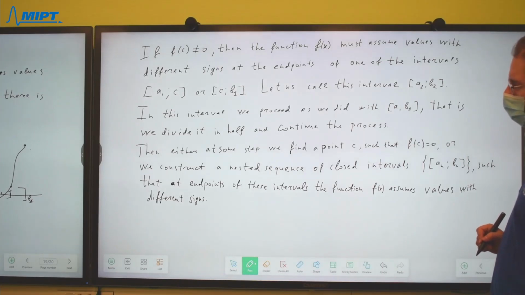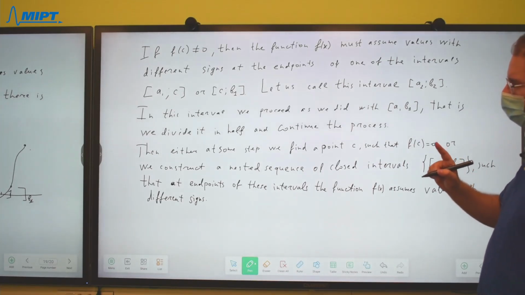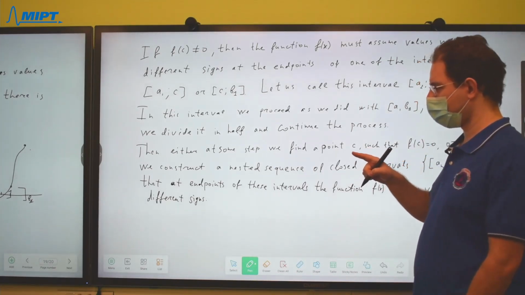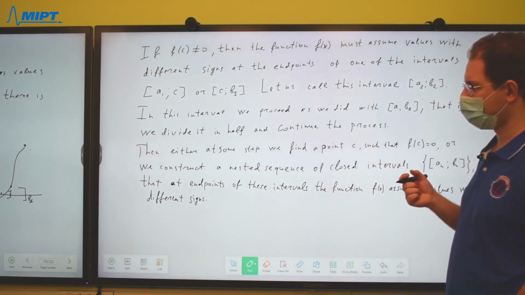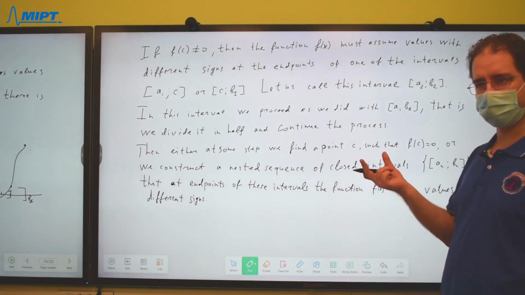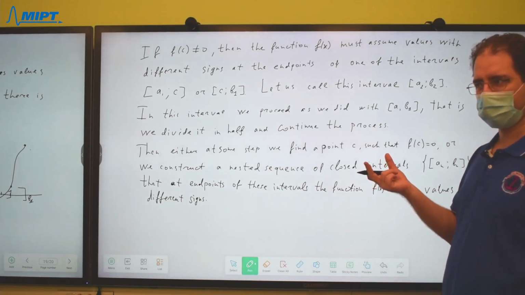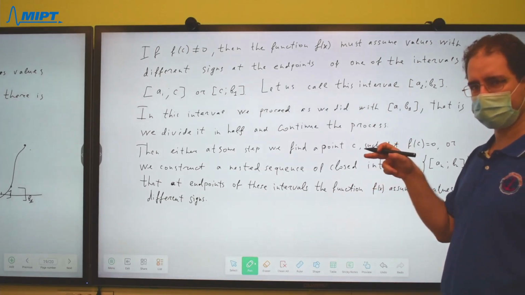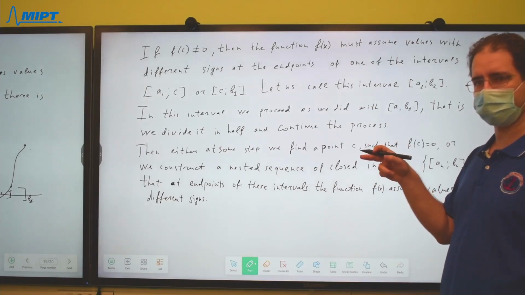And also, since on each step we take only 1/2 of the previous interval, the lengths of those intervals tend to 0.